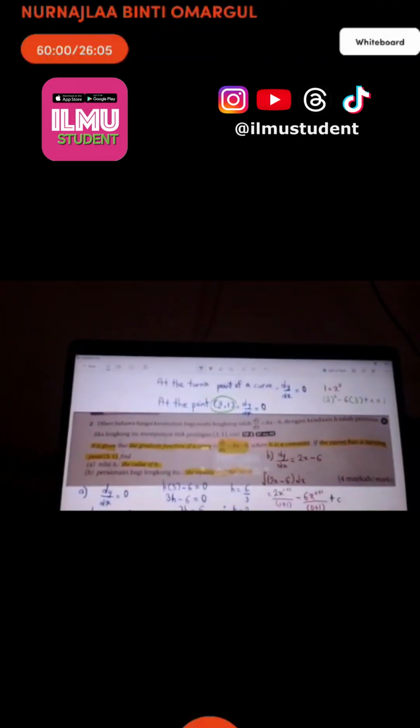3 squared is 9, minus 6 times 3 is 18, plus c is equal to 1. 9 minus 18 is negative 9, plus c is equal to 1. So c is equal to 1 plus 9. c is equal to 10.